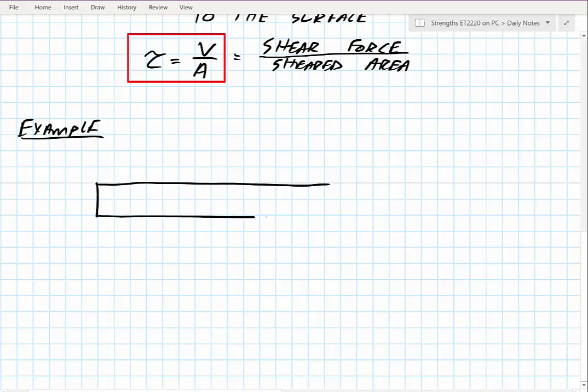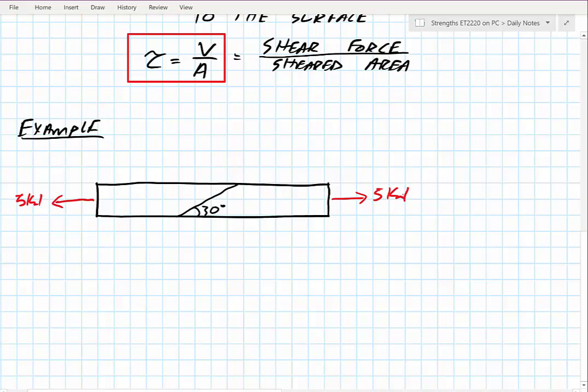I think I'd said that it was actually a wood member because I am using some material properties out of the back of the book. We're going to say that this wood member is cut at a 30-degree angle and then glued back together. So in essence, we have this plane that we're going to be looking at, and we're going to apply a force of 5 kilonewtons in tension on this member.